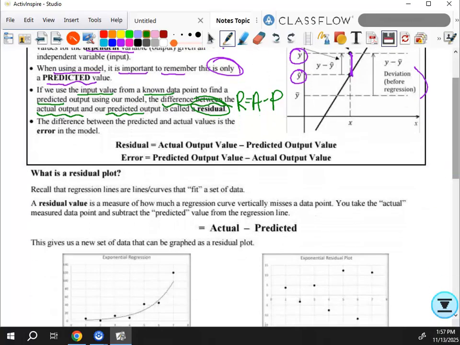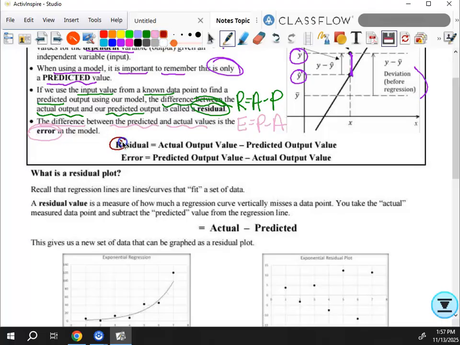Then this goes on to say that the difference between the predicted and the actual is the error. So the error is the difference between the predicted and the actual. So you would get the same number, but the sign would be different on it. So it's not really the same number, but I think you know what I mean.